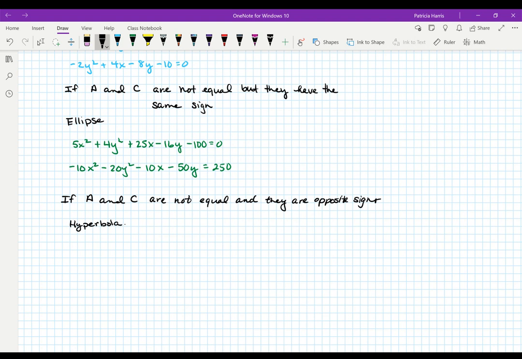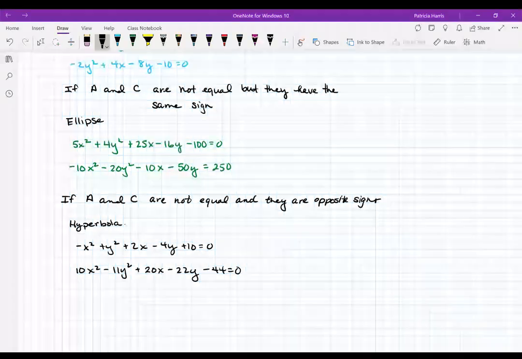Okay, so something that looks like this. That would be a hyperbola. Oops, that should be a Y. Okay, so that would be a hyperbola as well.